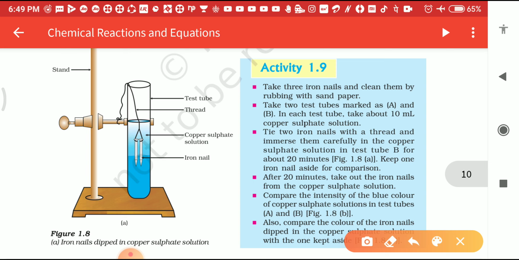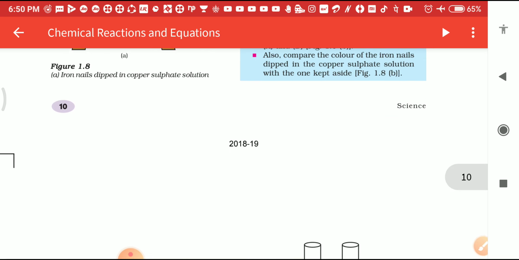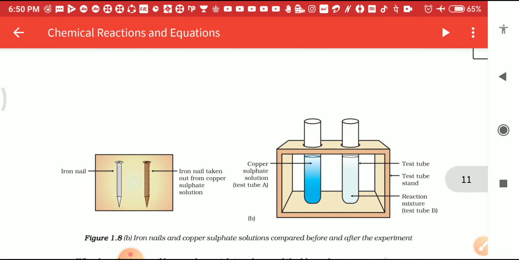After 20 minutes, take out the 2 iron nails from the copper sulfate. Compare the intensity of the blue color of the copper sulfate solution in the test tubes. Also compare the color of the iron nails dipped in the copper sulfate solution with the one kept aside. Now students, you can understand better with this diagram.